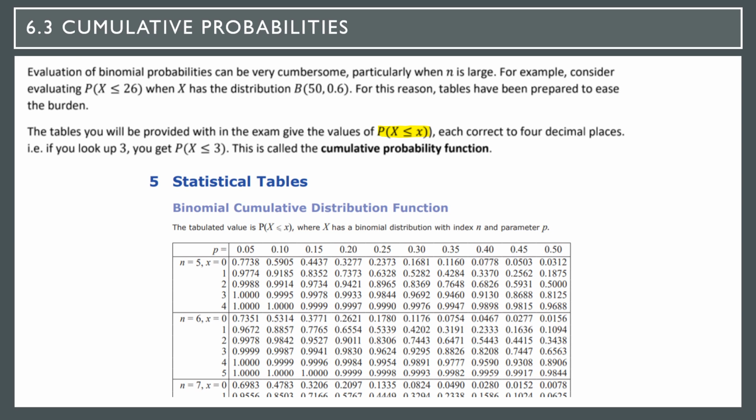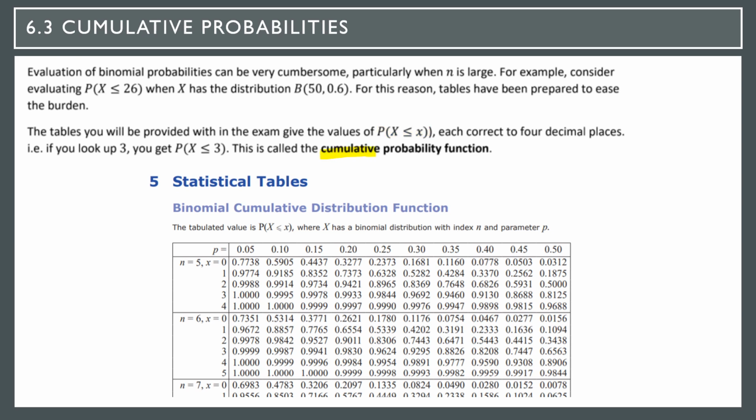So if you are asked for a given range or for the probability that x is greater than or equal to a particular value, we just have to tweak the value we look up to make use of these cumulative probabilities, but we will touch on this in more detail later. Tables are given to 4 decimal places, and your calculators will go slightly further than that.